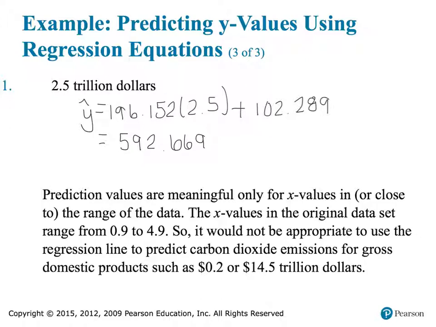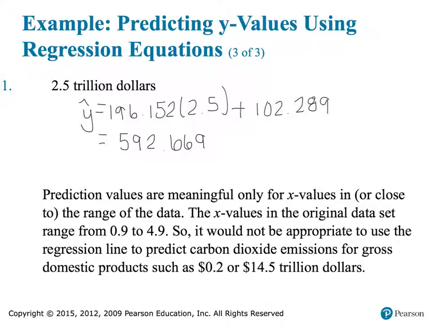Now notice these values I've carried to three significant digits, but you'll carry them out according to the instructions in MyLabs Plus. So these prediction values are meaningful though only when we're using the model to predict values that lie within the interval of gross domestic products in our data.